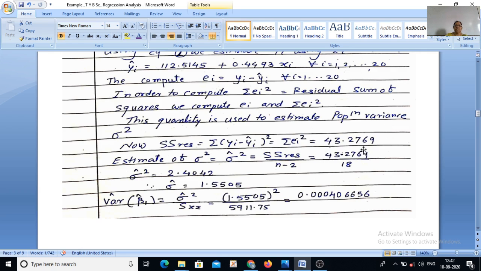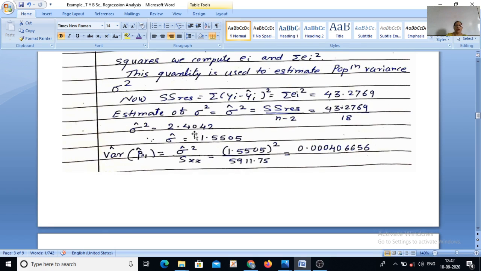Now using this residual sum of squares, I am going to estimate the population variance sigma square, which we call sigma square cap, which is the residual sum of squares upon n minus 2. So this value becomes 2.4042, and if I take the positive square root of this, this is my standard error or standard deviation.